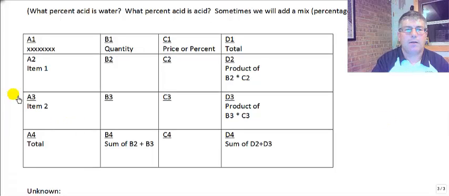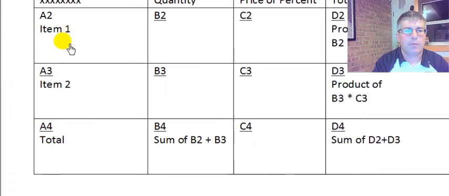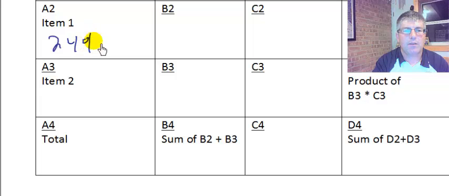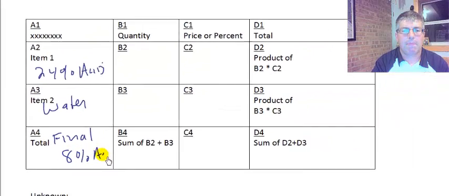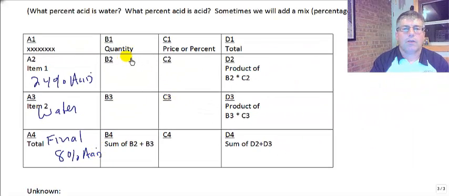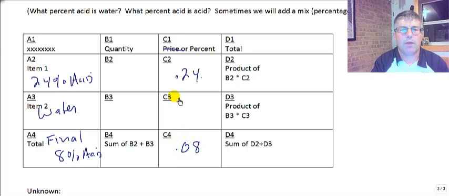So our items are going to be something that's 24% acid, and we have some water, and then our final solution will be 8% acid. So we're not going to work with price here. We're going to work with percent. And of course, 24% acid is 0.24. And our final solution, 8%, is 0.08.